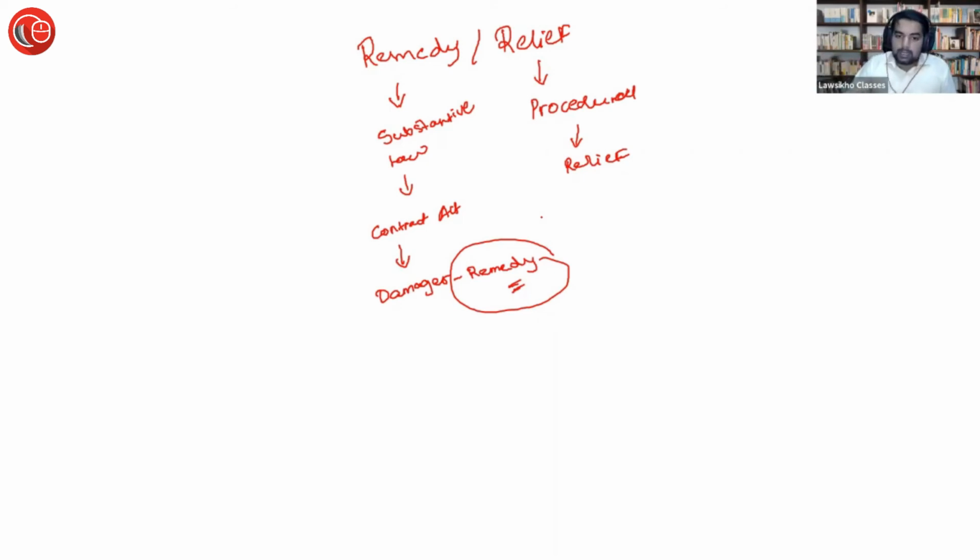So in substantive law, a particular redressal is known as remedy. But the moment you are claiming this remedy in the court, we call it relief. इसको relief बुलाते हैं. तो फर्क कुछ नहीं है दोनों में. There is no difference. Only the terminology is different in procedural law. In procedural law, we call this remedy as relief.